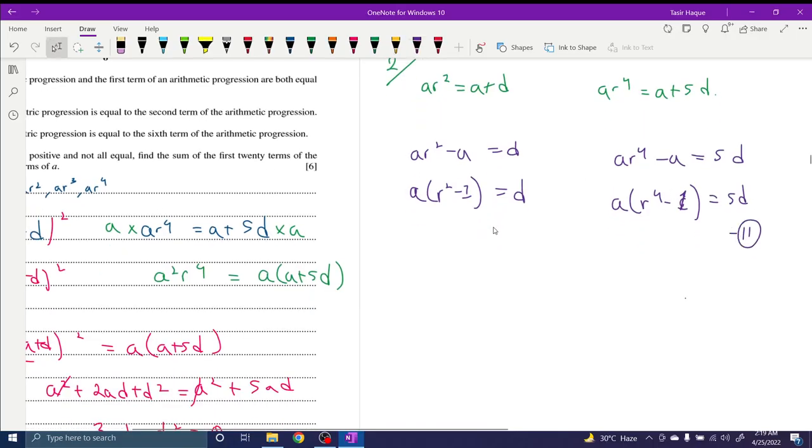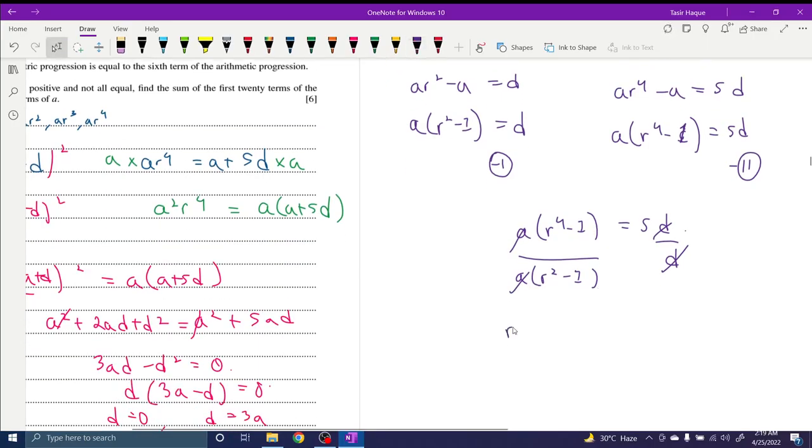This can be equation 2, this can be equation 1. So what do we end up with? A into r to the power 4 minus 1 is equal to 5d. A into r square minus 1 is equal to d. So we're getting rid of d as well as a. So r to the power 4 minus 1 is equal to 5r square minus 5. R to the power 4 minus 5r square plus 4 is equal to 0. We can actually solve this equation, right?